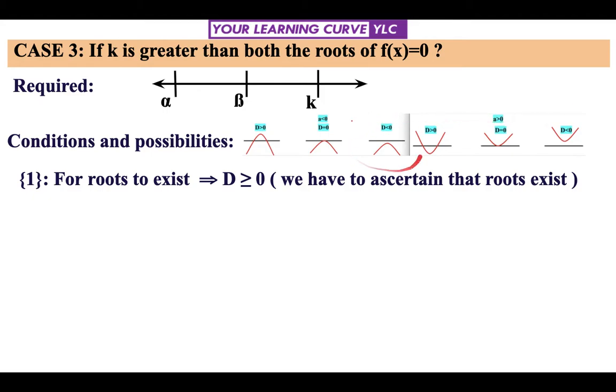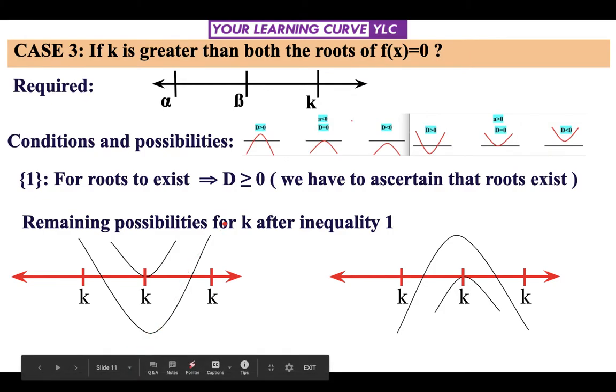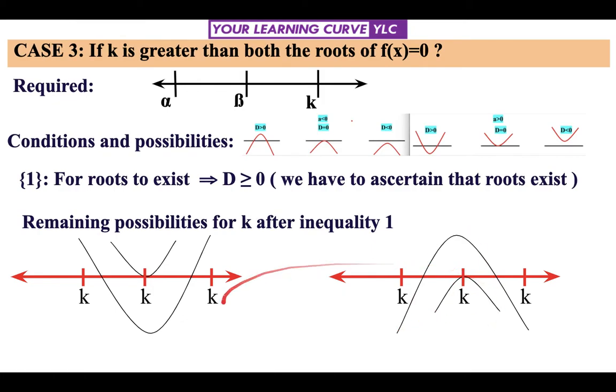These two graphs are of no use. So we eliminated these two graphs by making sure that D is greater than or equal to 0. So the remaining possibilities are, if a is positive, these two graphs, that is either the parabola will cut the x-axis at two distinct points, or it will touch the x-axis, or if the parabola is downwards, these four possibilities are there.